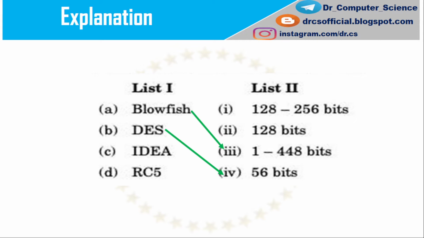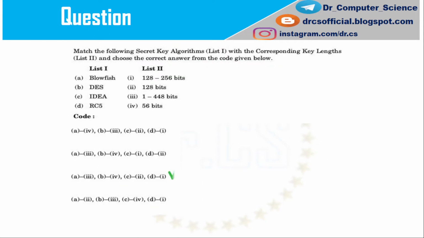DES means Data Encryption Standard, and IDEA uses 128 bits for key and RC5 uses 128 to 256 bits key. So A3, B4, C2, D1 is the correct answer.